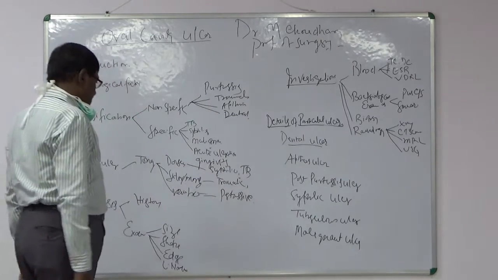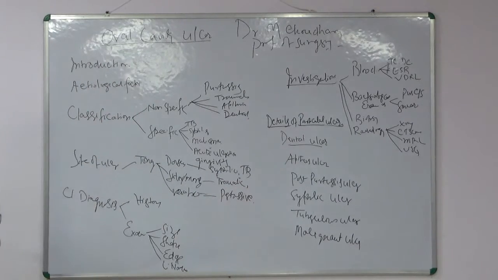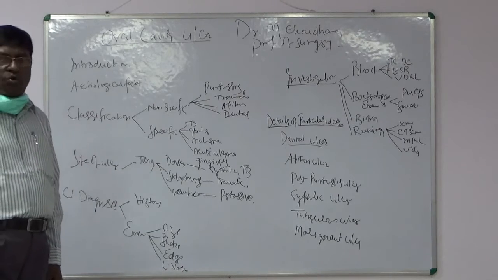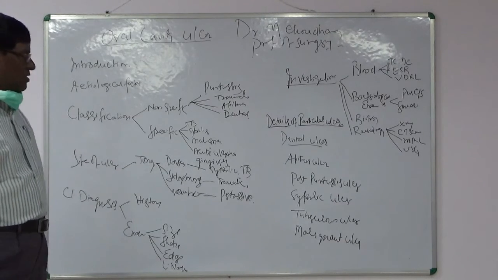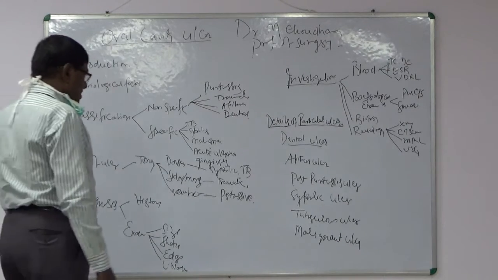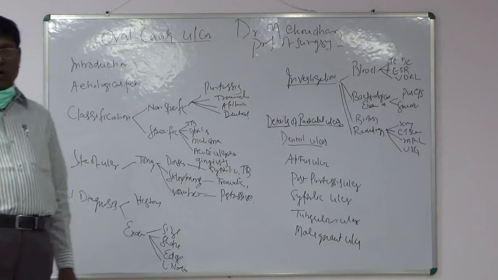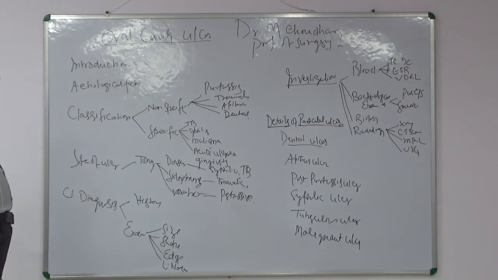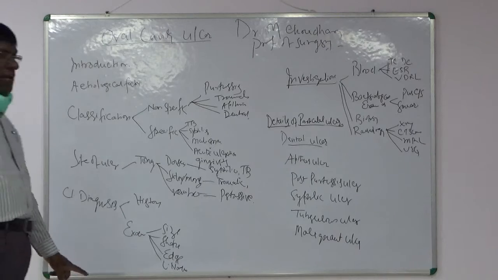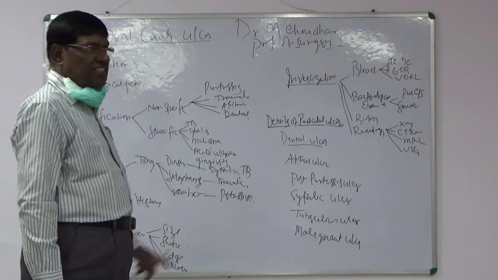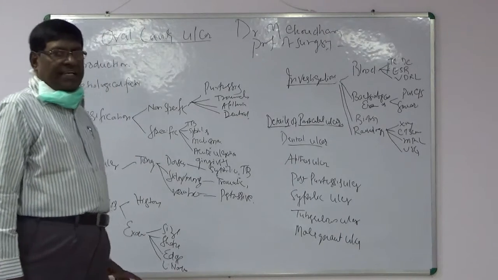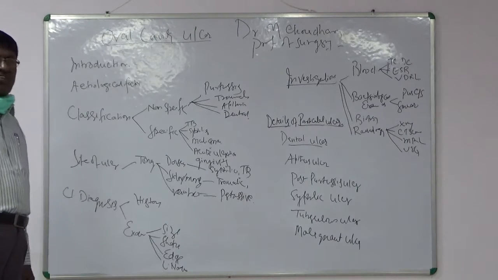The sides of the tongue are also very prone to ulceration because it is a mobile part and remains in contact with the teeth of the upper jaw or lower jaw. When there is any trauma, sharp teeth, decaying teeth or denture, that always causes irritation of the side or margin of the tongue.